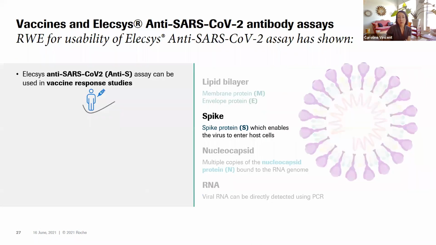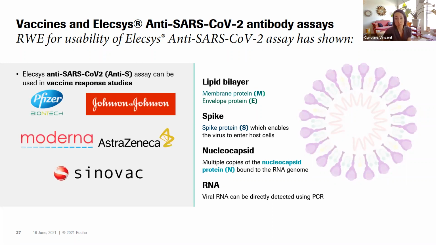There are already several published studies showing the usability of Elecsys antibody assays in the context of vaccination. The Elecsys NTS assay can be used to evaluate antibody response after immunization with vaccines that specifically target the spike protein, or it could also be used with whole virus vaccines, such as the one from Sinovac.